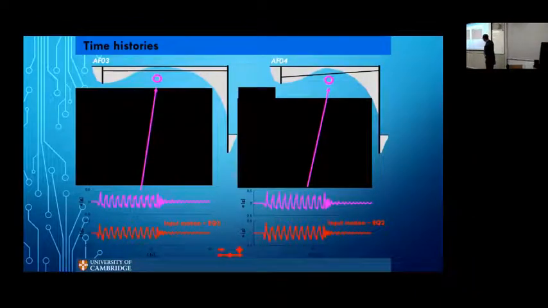Okay, the first thing is we're keeping the input motion fairly simple, at a fairly strong earthquake, 0.5 g, 0.4 g in both cases, and we're looking at what the acceleration at that level is. And we can compare directly both. We're getting slightly bigger acceleration for the shorter anchor wall compared to the longer anchor wall.